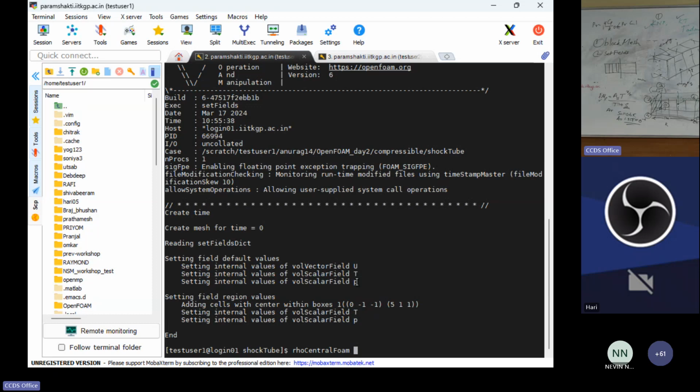What you are running is blockMesh, right? Remove this file, rm -rf. See, the best way to remove any file is rm -rf, right? Since this N is capital, you hit tab, right? Just remove.